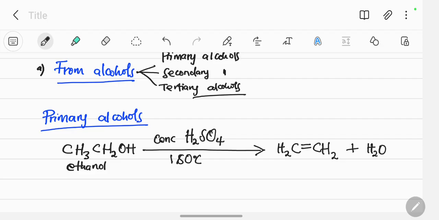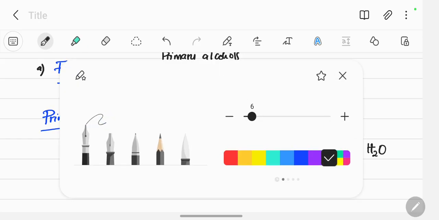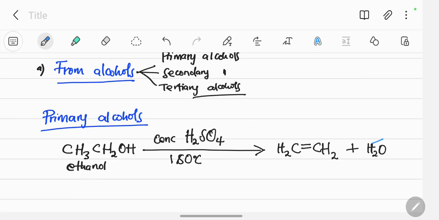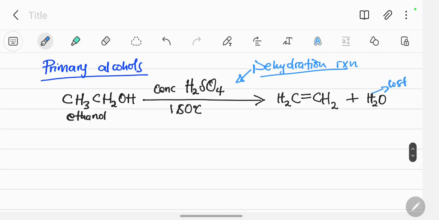With this kind of reaction, we are saying that water is being lost. So what do we call such a reaction? We call it a dehydration reaction. So that's how our dehydration reaction is.